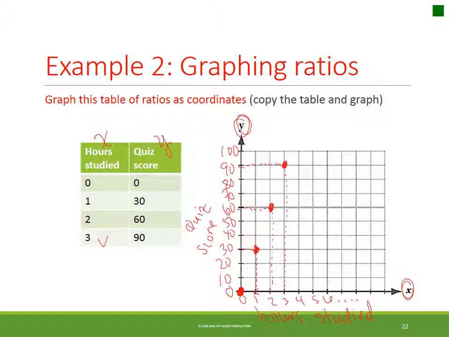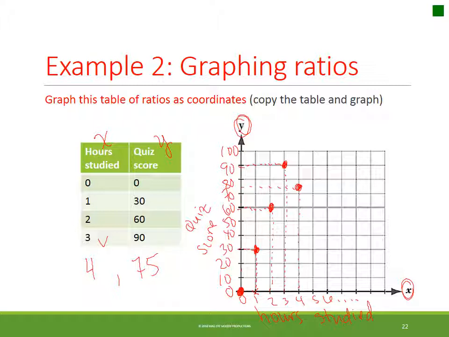So let's think about these ratios. Would it make sense for the coordinate (4, 75) to be on the grid? So if the person studied for 4 hours, they made a 75. Would that make sense?